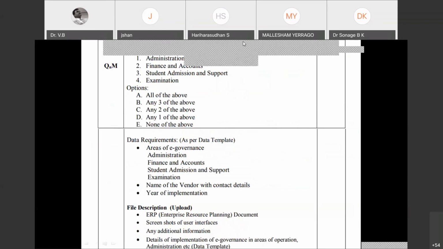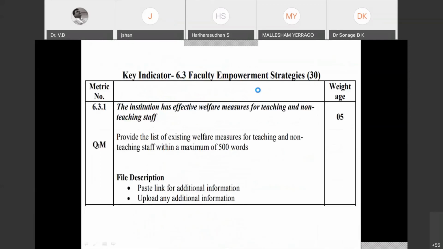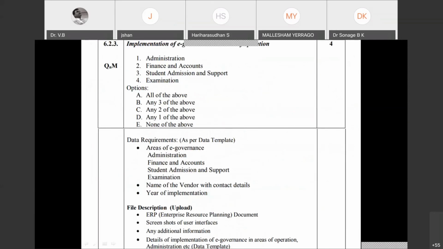Next is implementation of e-governance in areas of operation. That is, whether the administration, the finance section, all these are being automated and computerized, so that there is minimum usage of paper and movement of files across departments, and everything is being e-managed. So it's a quantitative metric.